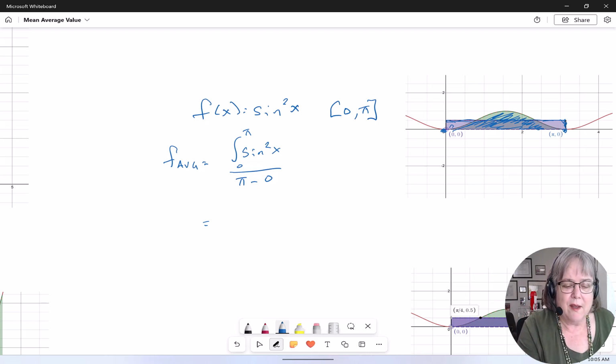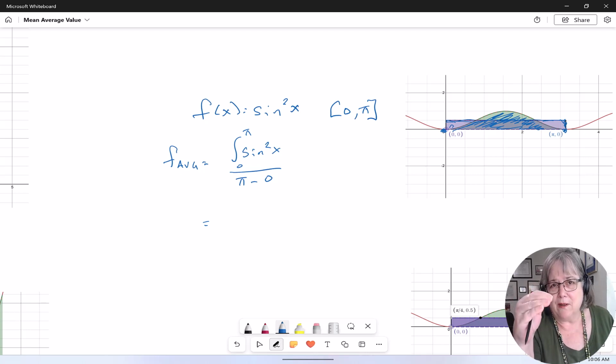All right, now sine squared. I don't have a recognizable formula for what you integrate sine squared to. This is actually, if you think about it, sine x squared.